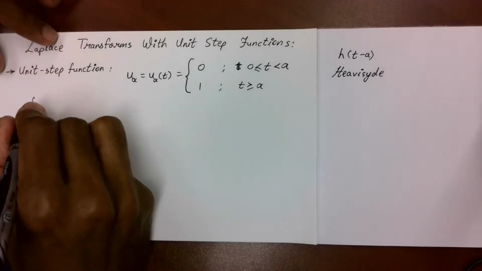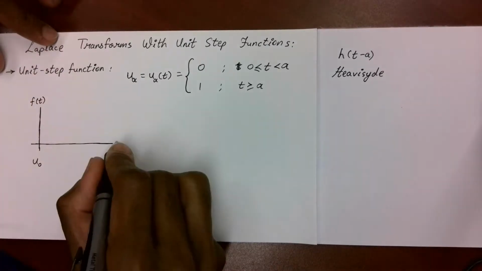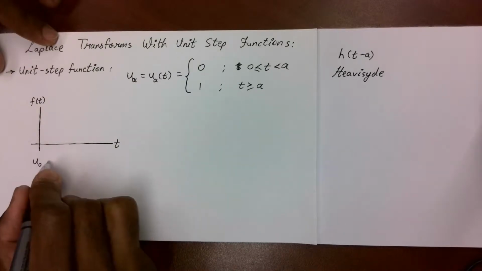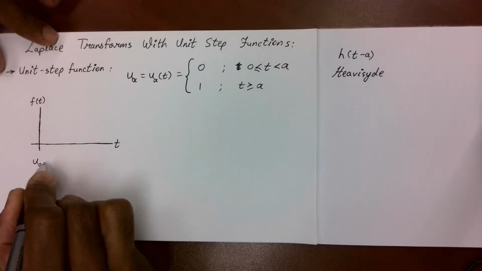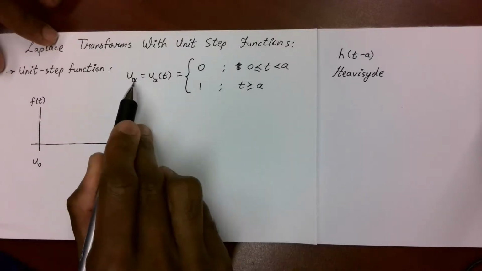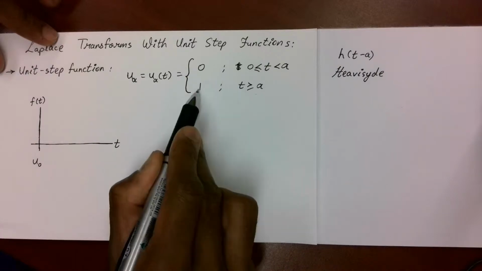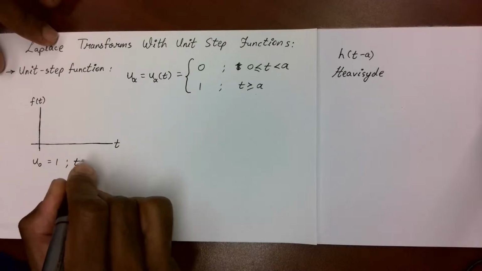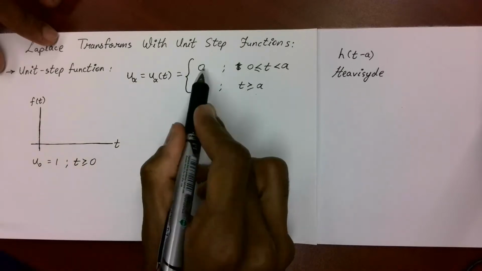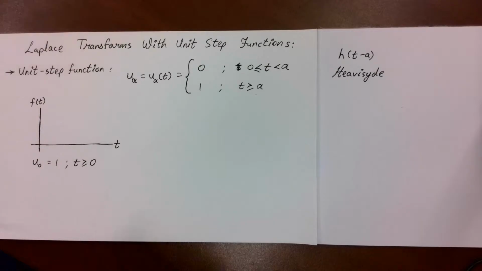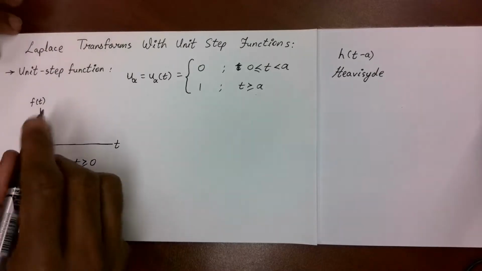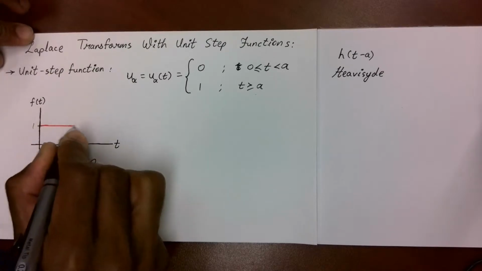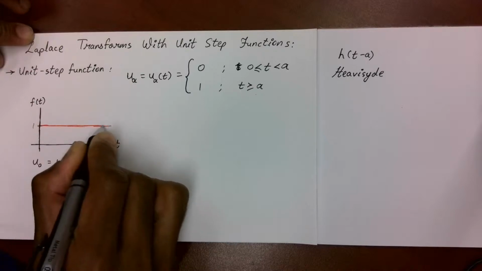If I write it out, it's just 1, because whatever alpha is, that's where the domain for the value of 1 starts. So this is just 1, given that t is greater than or equal to 0, because the 0 part is eliminated. The graph would simply be a horizontal line passing through 1 on the vertical axis, continuing all the way to infinity.